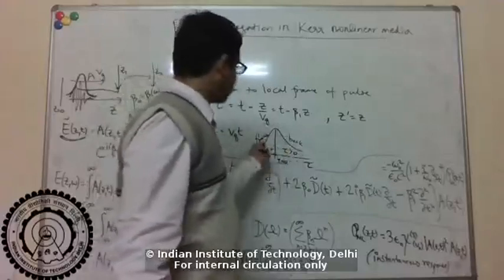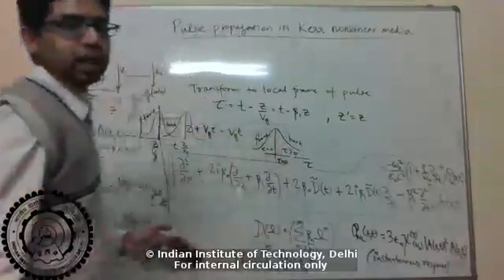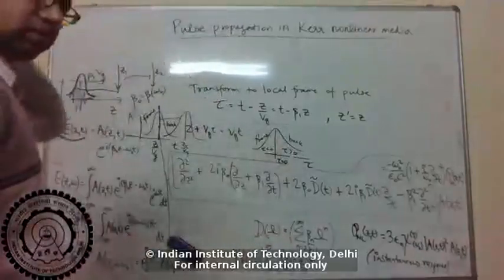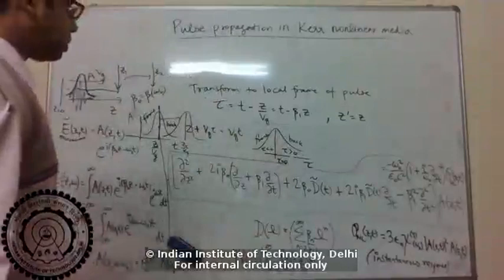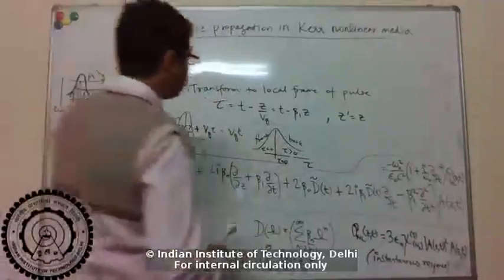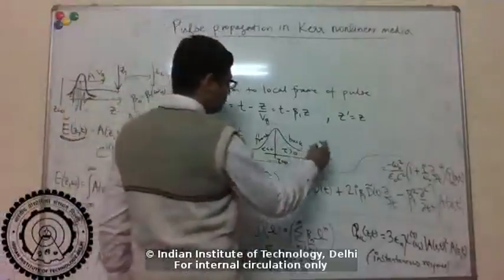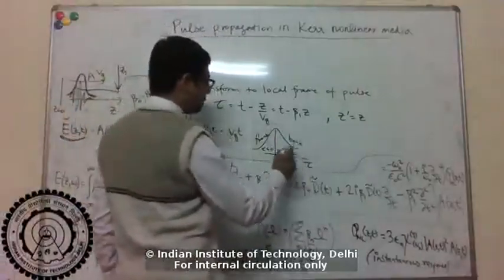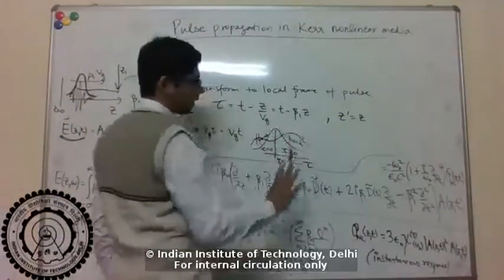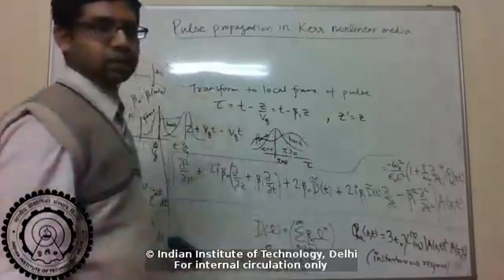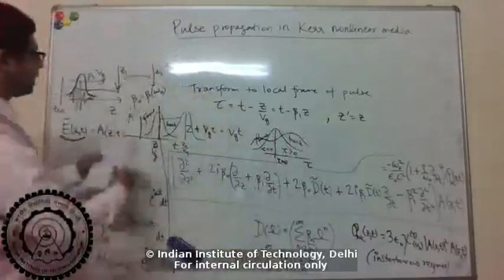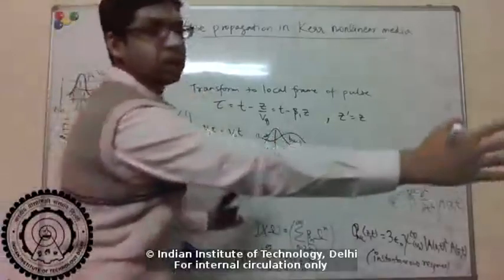I'm at the center of the pulse and it's always peaking at tau equal to 0. Right? And now any changes that happen, as a function of z, what can happen is that this shape changes. That's the only thing that can happen. In this original case, what was happening? This pulse center was also shifting.